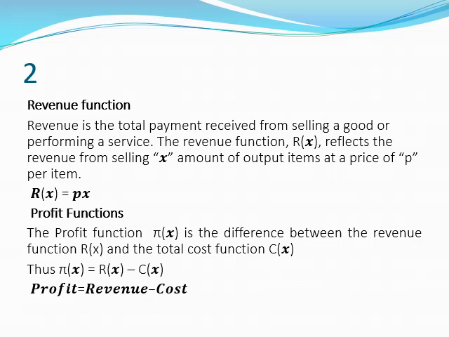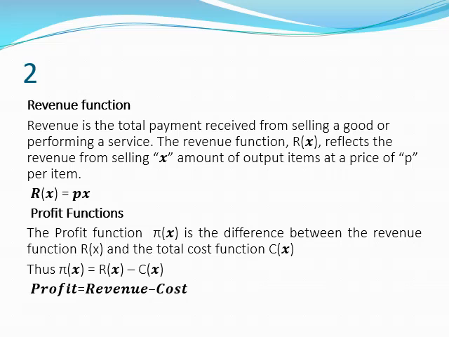So the revenue function is R(x) equals Px. P stands here for the price of one unit, and x stands for the quantity of product.